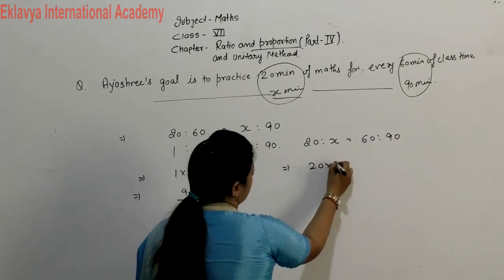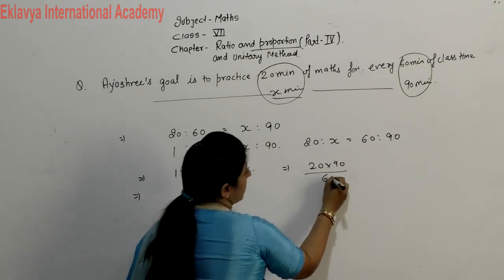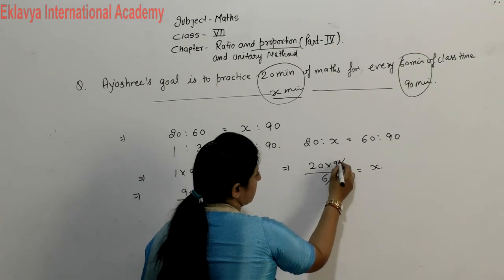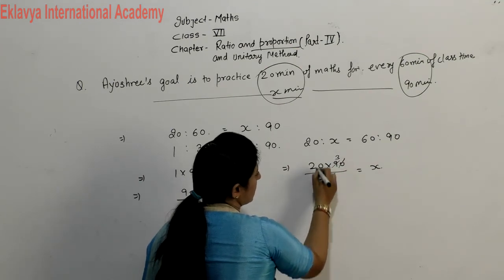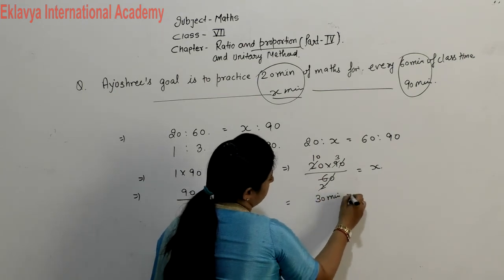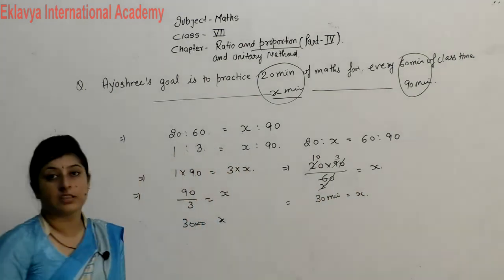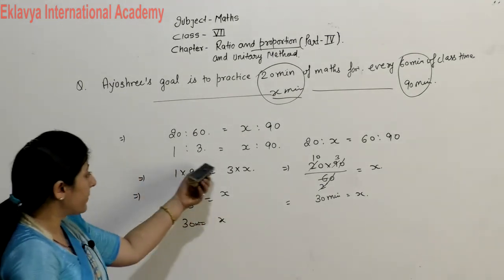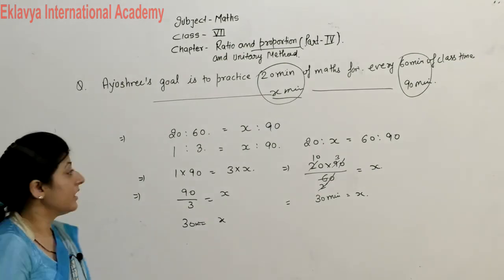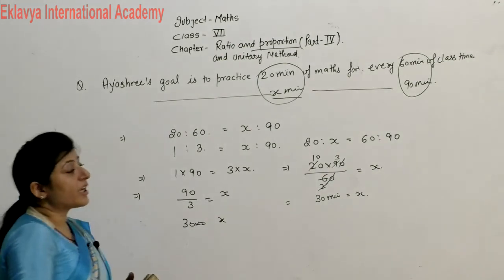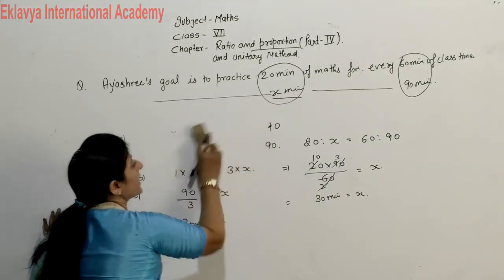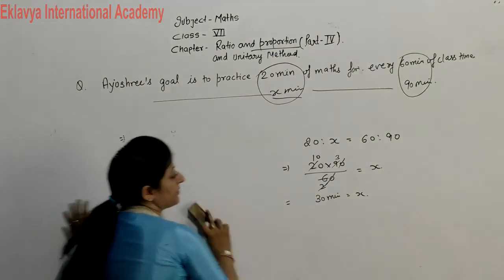Then 20 into 90 divided by 60 is equal to x. 3 3s are 9, 3 2s are 6, so this is also 30 minutes. You can compare like this or like this, same thing. Whenever you take a ratio, there should be the same kind of quantity.